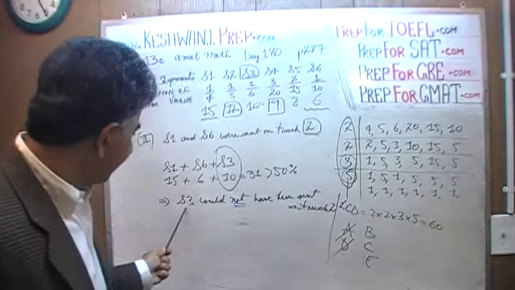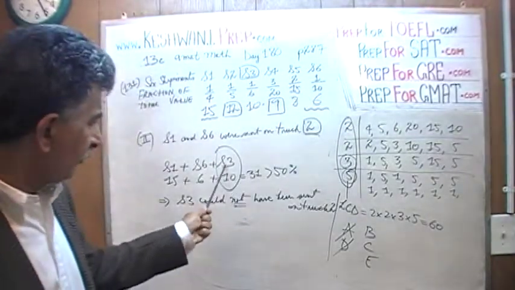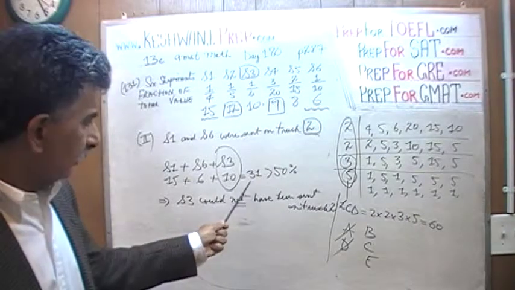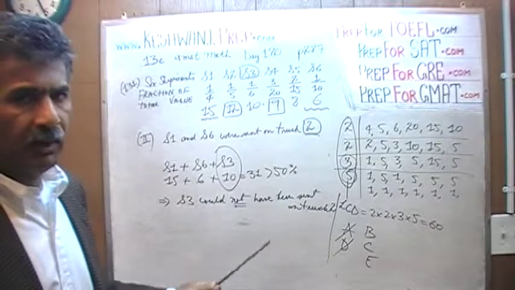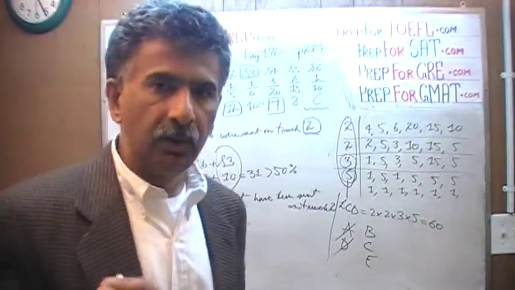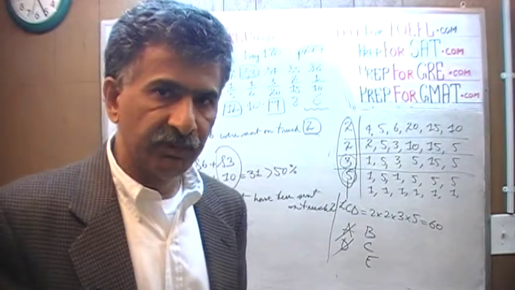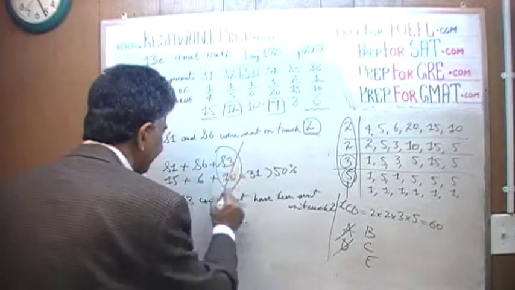Shipment number 3 could not have possibly been sent on truck 2, because as you can see clearly, if shipment number 3 was sent on truck 2, the total shipment would have been more than 50% on truck 2. We are told in the problem that more than 50% of the total shipment was sent on truck 1. But given that fact, this is not possible.